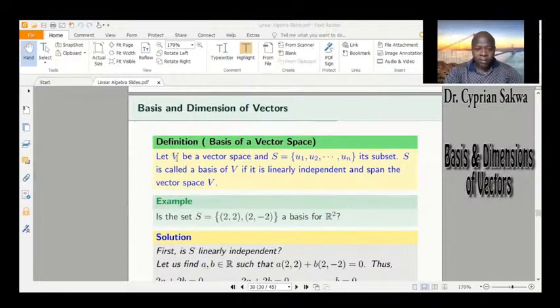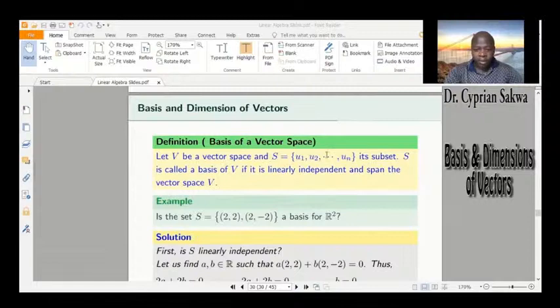So let capital V be a vector space and S be a subset of V. When do we say that S is a basis of V?